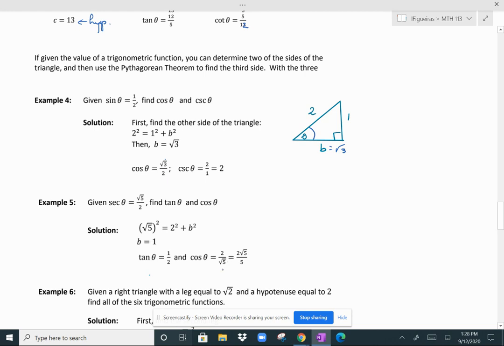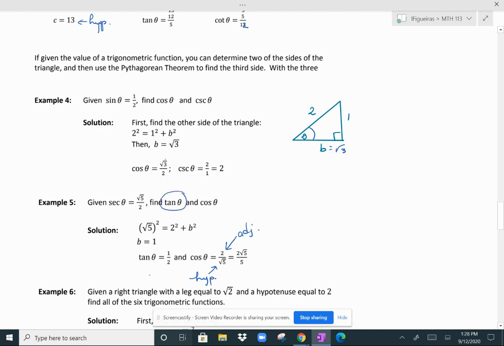So if you just do cosine right away, you'll get it's 2 over root 5. And if you were to rationalize it, multiply both sides by root 5, you get 2 root 5 over 5. All right, so remember that means that 2 is the adjacent side and root 5 is the hypotenuse. So I need to know what the opposite side is because tangent is opposite over adjacent.